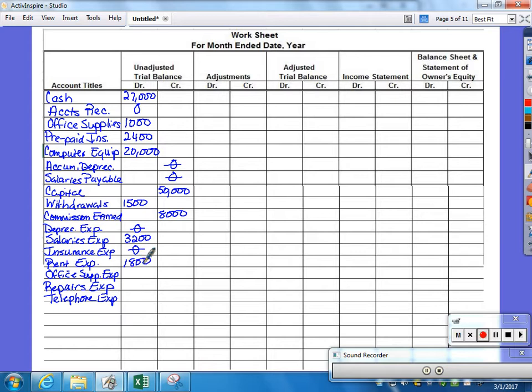Office supplies expense, 0. Office supplies expense, not office supplies. Repairs expense, 350 on the debit side, and telephone expense, 750. What are the totals of these two columns in the unadjusted?